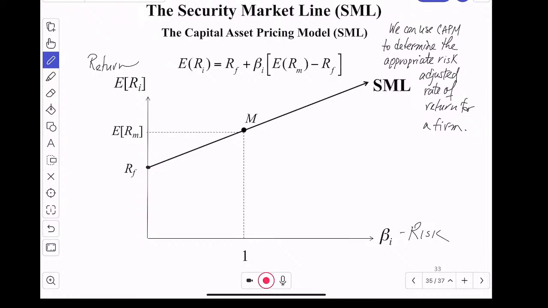So we can use the CAPM to determine the appropriate risk-adjusted rate of return for a firm's assets. All right, let's spend a moment here and then we're going to apply it.